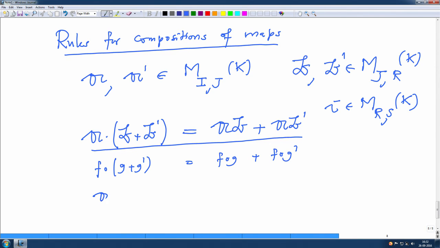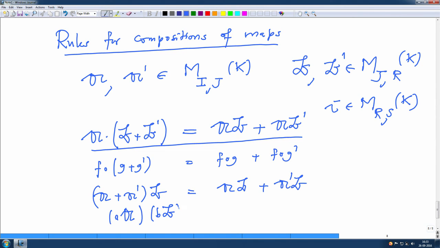Similarly, (A plus A prime) times B equals A times B plus A prime times B. Similarly, if you have a scalar a multiplied by matrix A, that means you push that scalar into every entry. Similarly, scalar b times matrix B, this should be the same as the scalar multiplied in the field times the matrices multiplied.